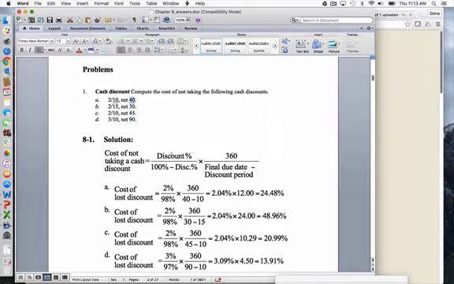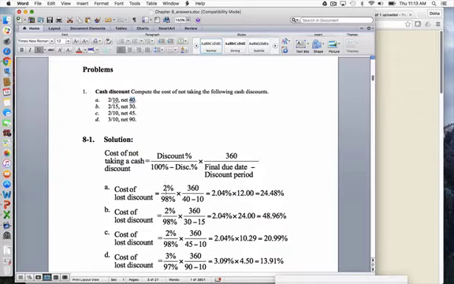So we have the discount 2% divided by 100 minus discount 2%, so that's 98%, times 360 divided by final due date 40 minus discount period 10. So you just plug in the numbers. Now you have to be consistent here.